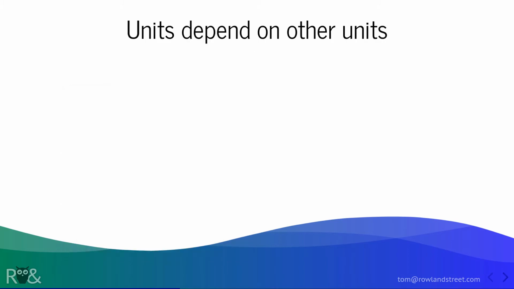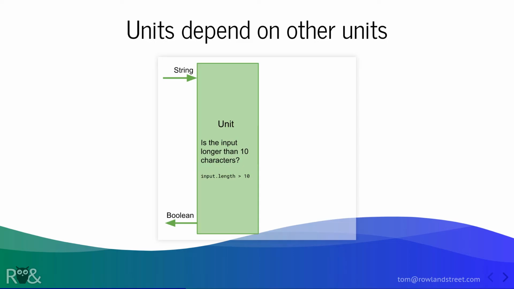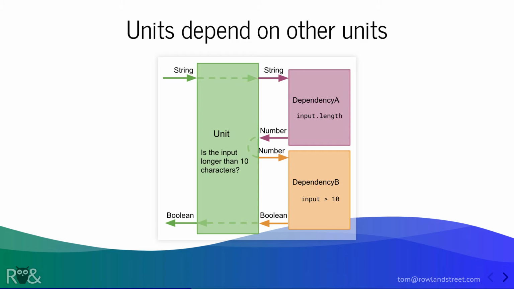Units can depend on other units. So again, let's go to our example of a string. We're checking whether its length is greater than 10 characters. And it may be that we just have a single unit. The input comes in, we run a computation, input.length greater than 10, and we return the result as the output. But it may be that that unit delegates some of its work to dependency units.